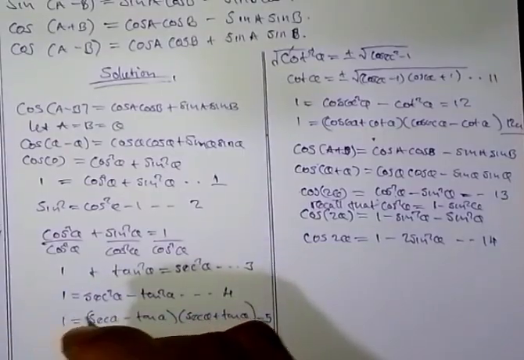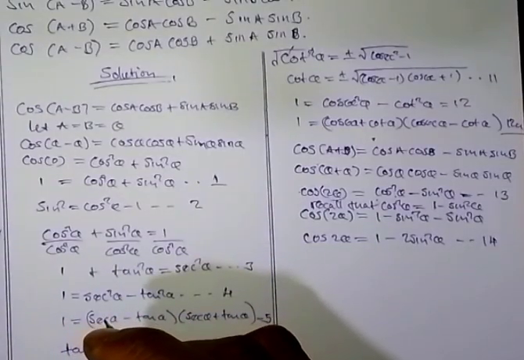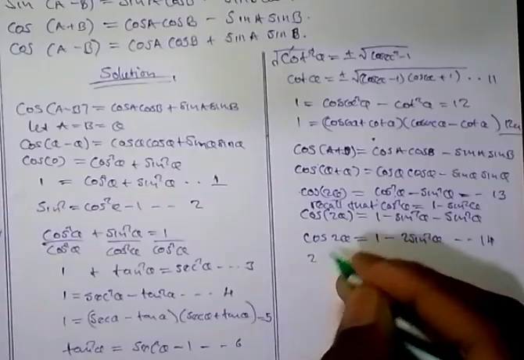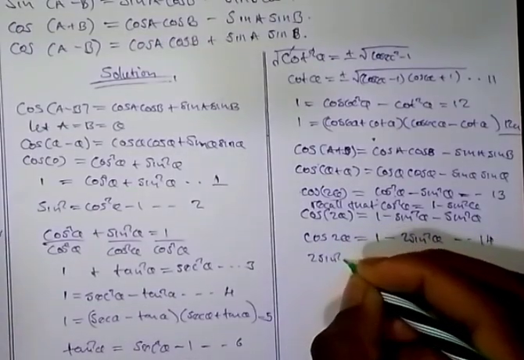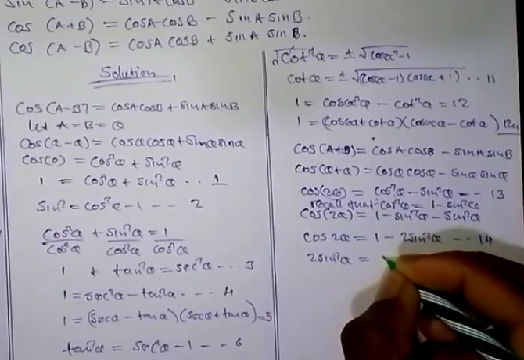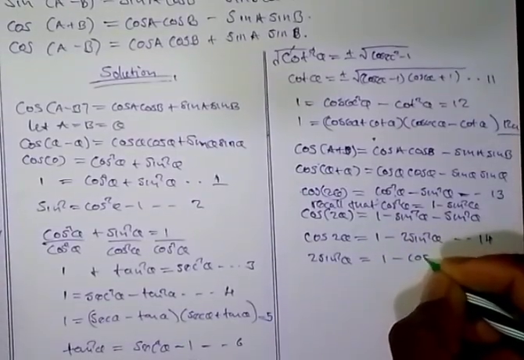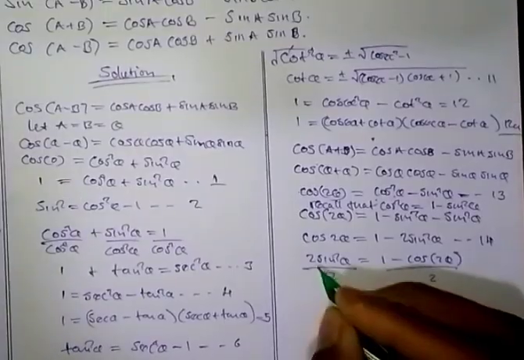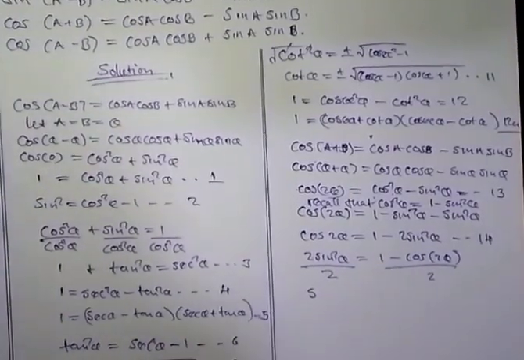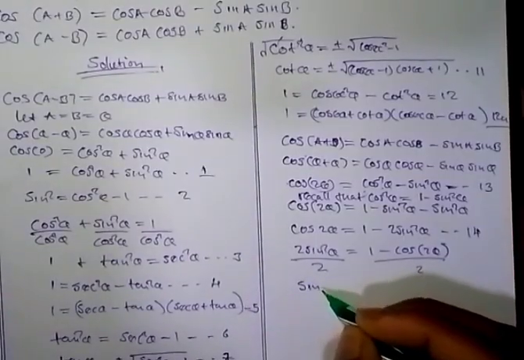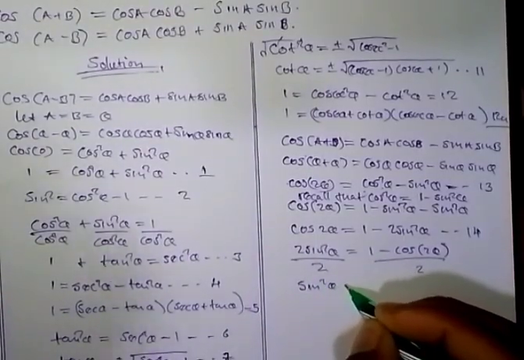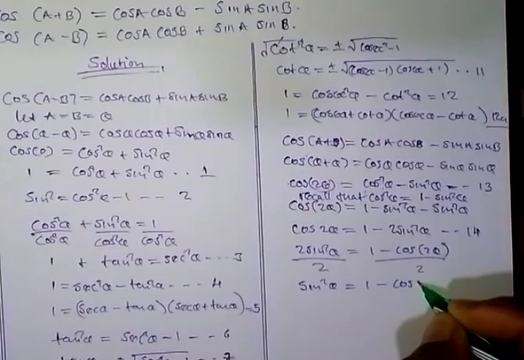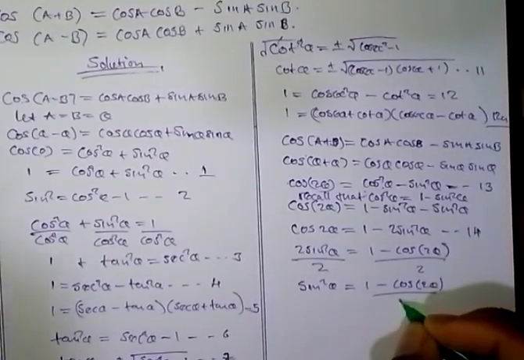Since we have this, we can make 2 sin square theta equal to 1 minus cos 2 theta, and then we can divide through by 2, and we are going to have sin square theta being equal to 1 minus cos 2 theta over 2.